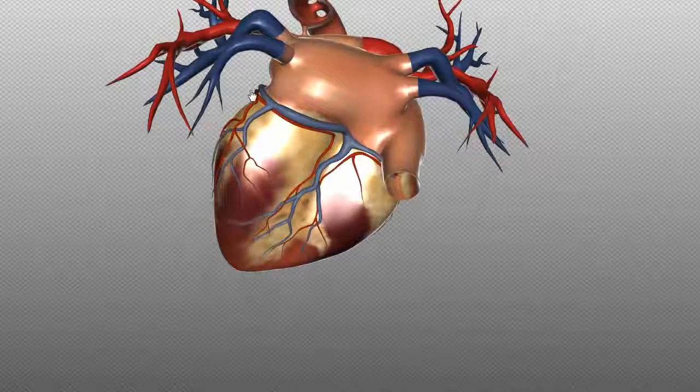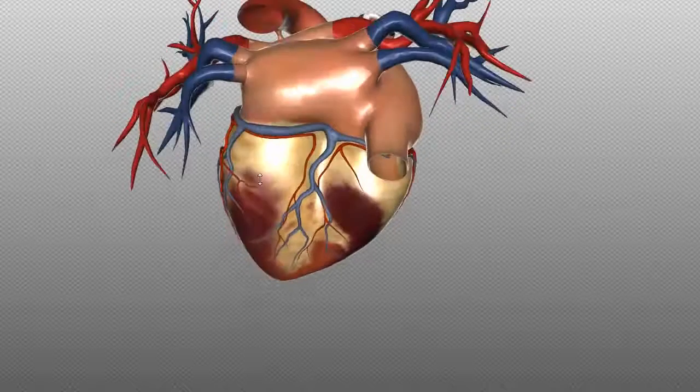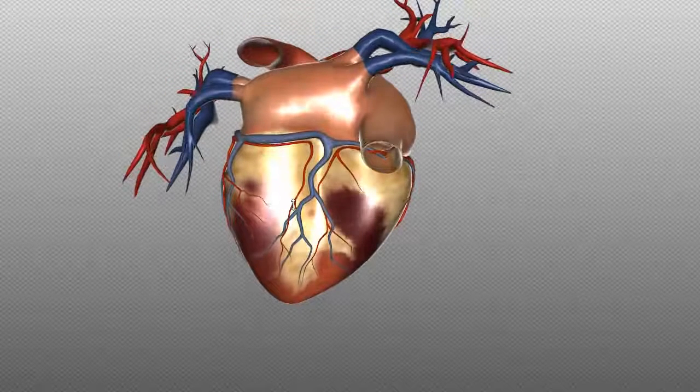The circumflex artery winds all the way back to the base of the heart and extends down. You can see in this model the circumflex artery extends very far down, so there is anatomical variation between people. Sometimes the posterior interventricular artery, which usually arises from the right coronary artery, can arise from the circumflex artery of the left coronary artery. This is known as coronary dominance.